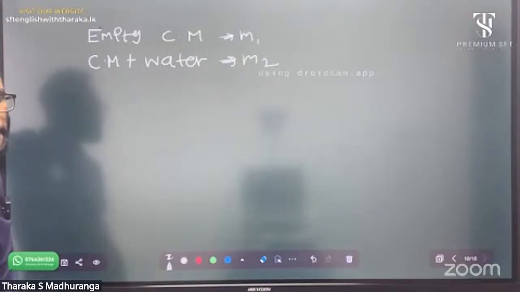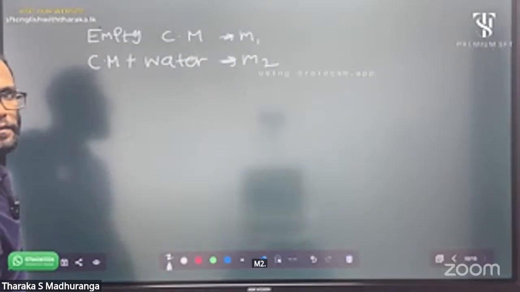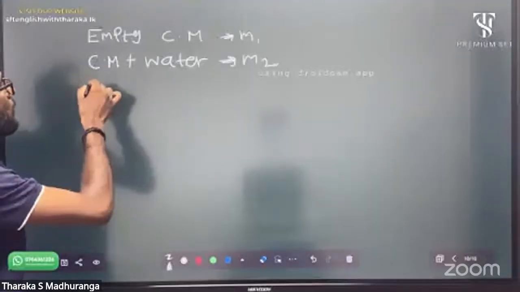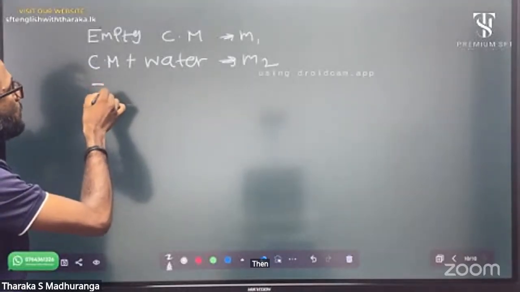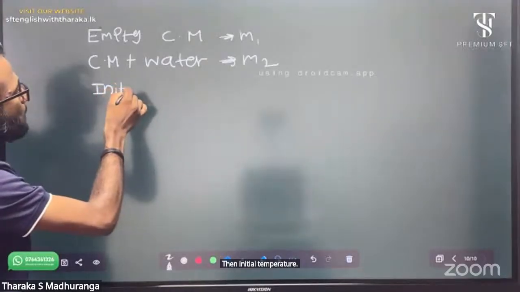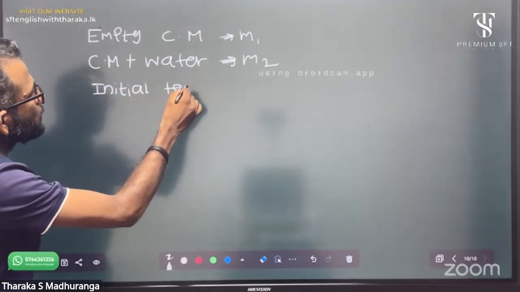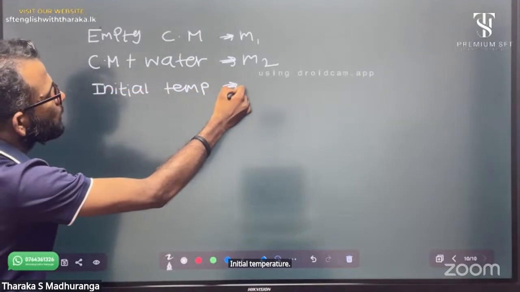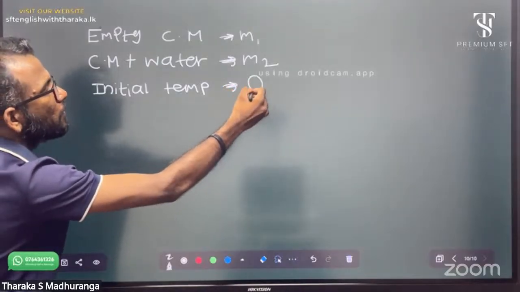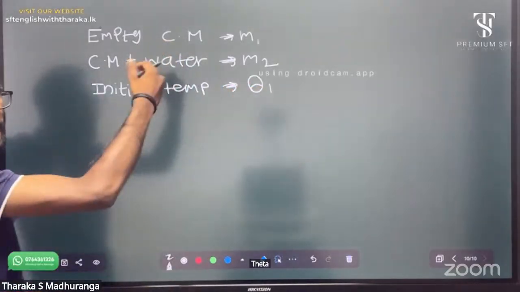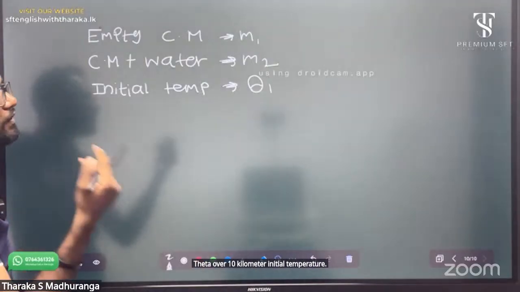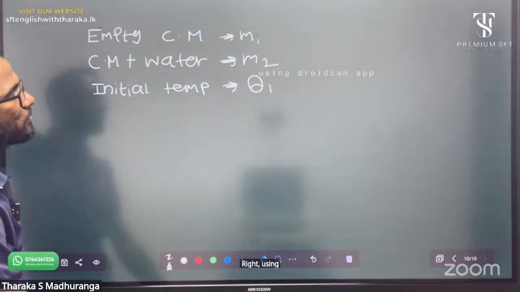M2. Then the initial temperature, theta 1. The water and calorimeter initial temperature. Right? Using a thermometer we can measure.